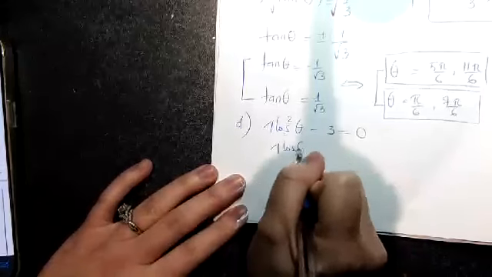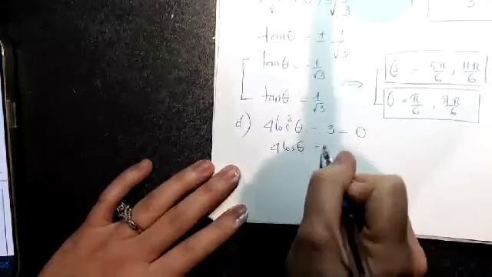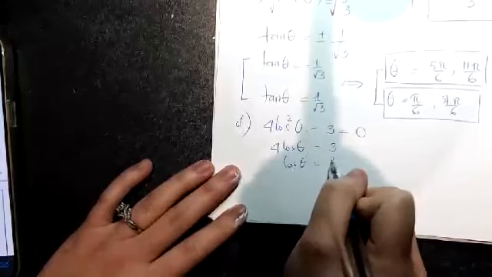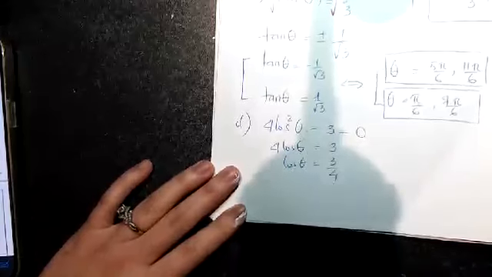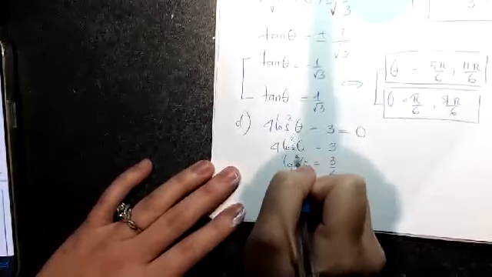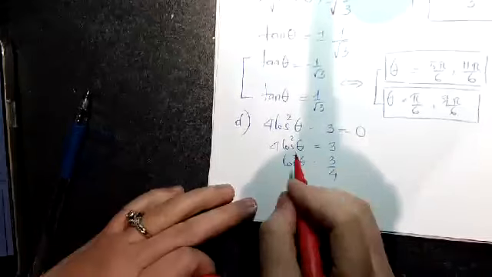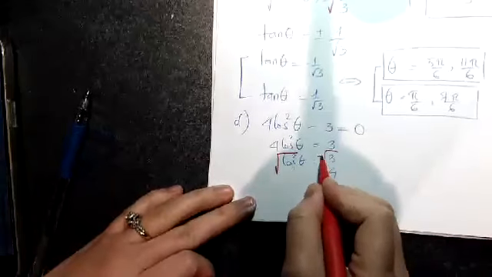This is just trying to isolate the cosine squared. Then divide by 4. Then take the square root, because undoing the square takes the root. Just don't forget plus and minus.